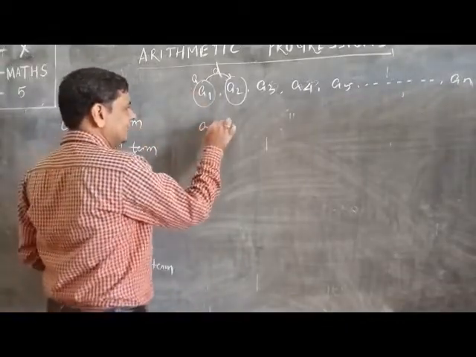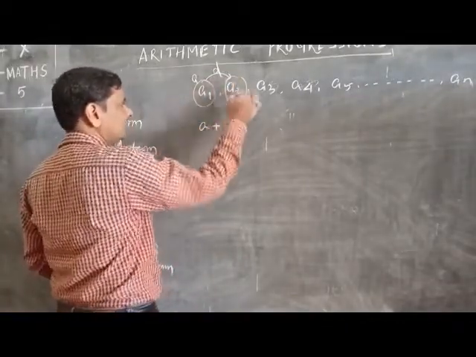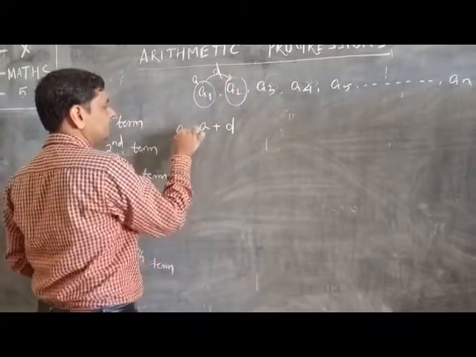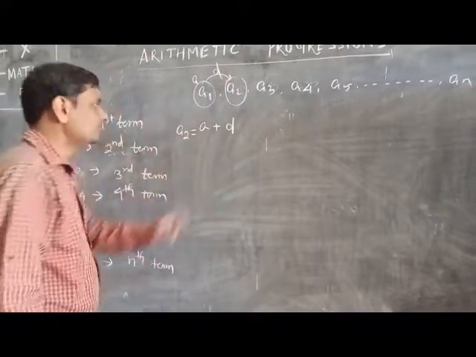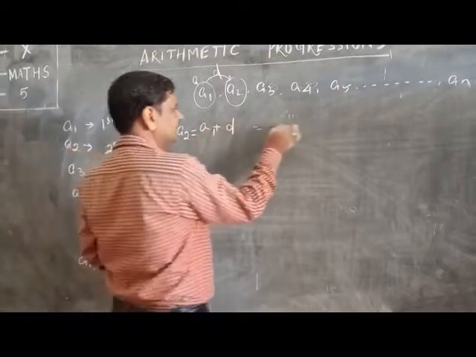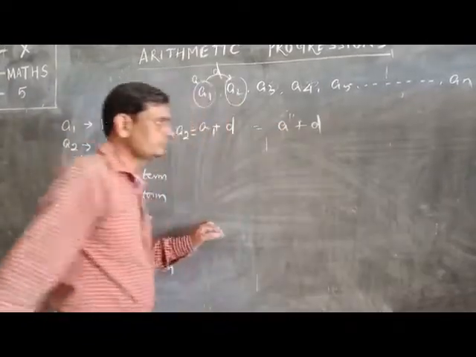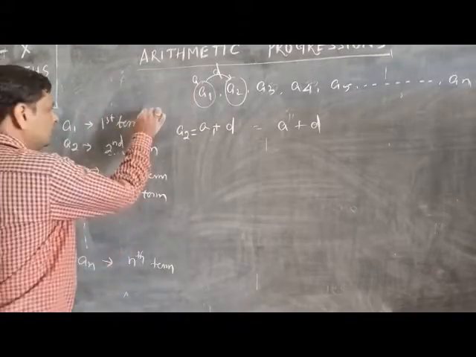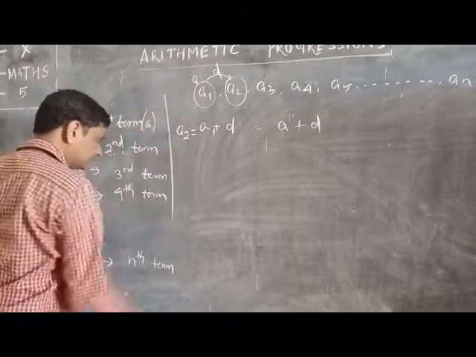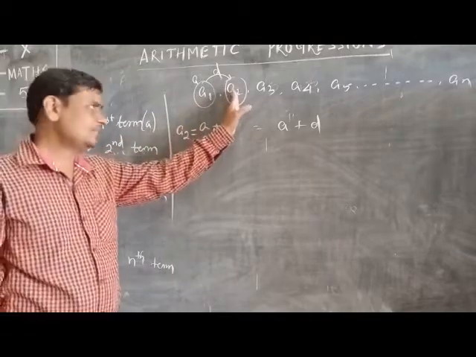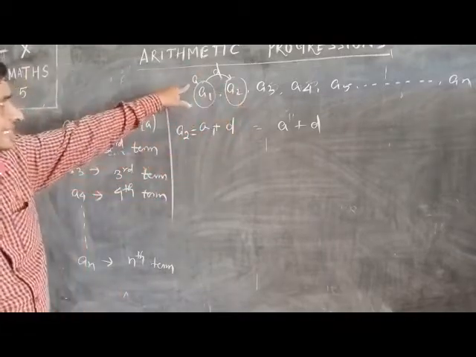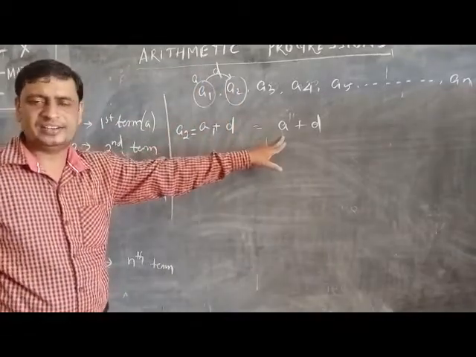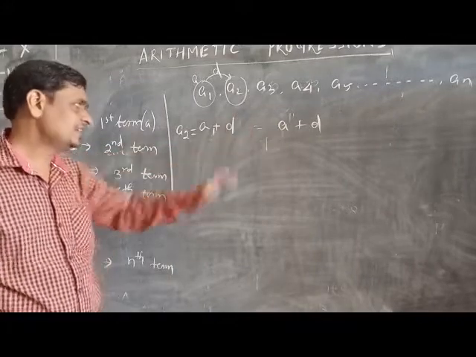When A is added with the common difference, we get A2. That is A1 plus D, which means A plus D. The first term is also written as A. The second term is obtained when the first term is added to the fixed number, the common difference.